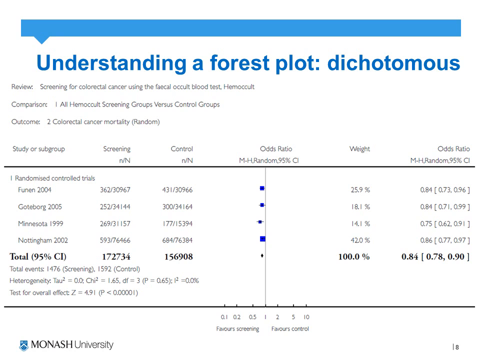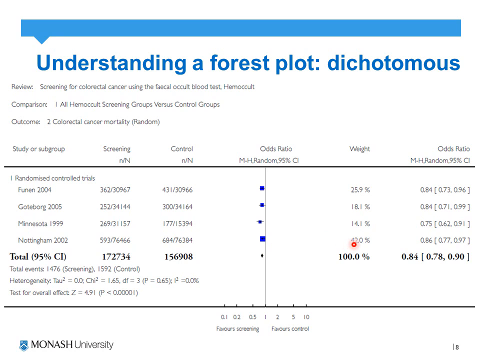What a meta-analysis does is that it takes into account the various contributions of each of these studies from a sample size perspective. So for example, if you look at this Nottingham study, we can identify that each group has over 76,000 participants allocated to it. So if you look at the amount to which that study contributes to the overall meta-analysis, it's going to be higher than, let's say, the Minnesota study, which only has 15,000 odd participants allocated to it.